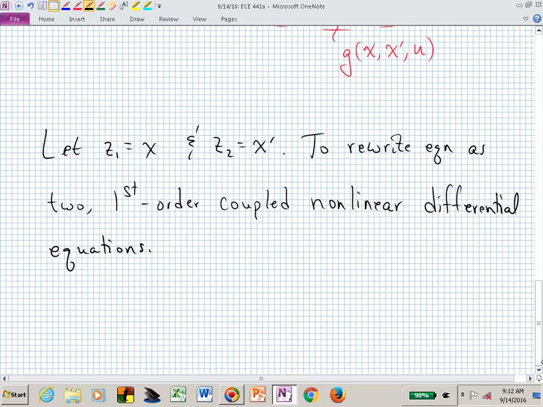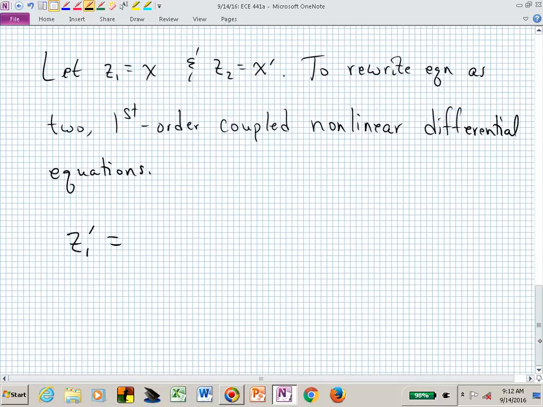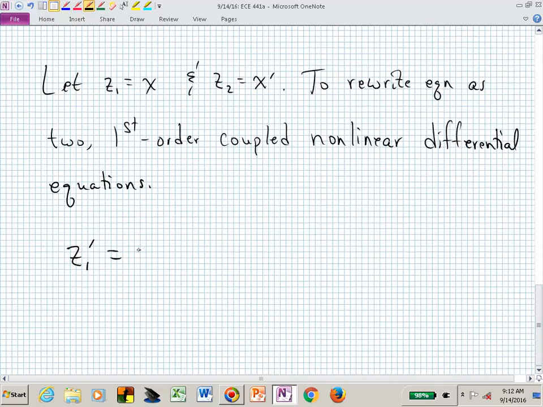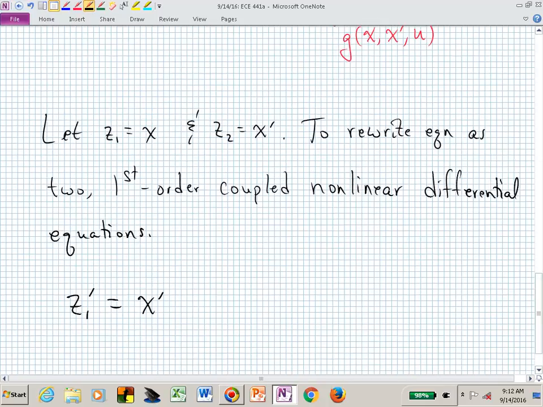If we now have defined z1 and z sub 2, we now want to find a z1 prime equation and a z sub 2 prime equation. z1 prime, since we define z1 to be x, is simply x prime. And can we rewrite x prime in terms of z1, z2, and u? Since we defined z2 to simply be x prime, that's all that this is.